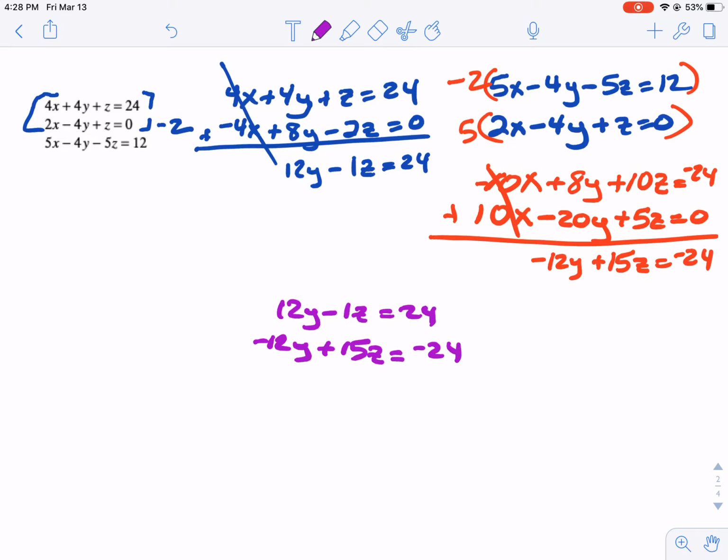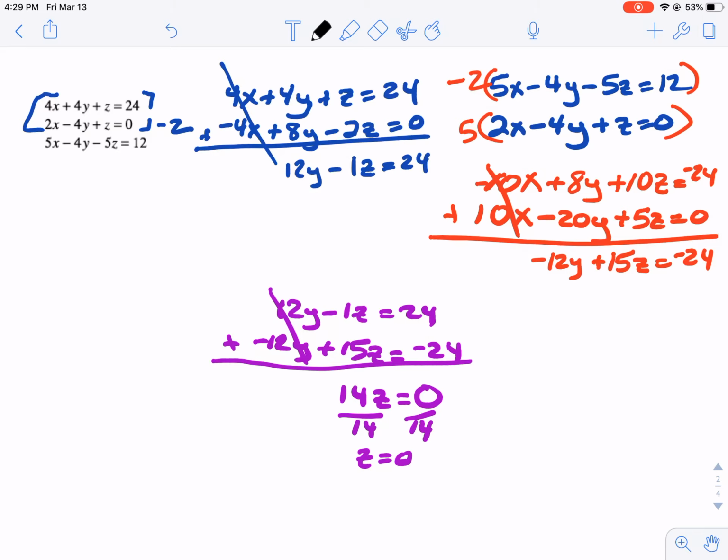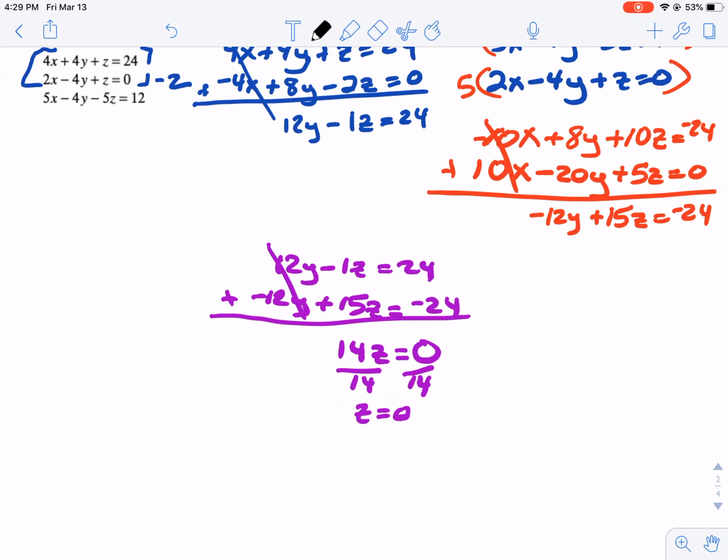And I don't need to do any multiplying. If I add them together right now, my y's are going to cancel. So I have 14z, 24 and negative 24 makes 0. So when I divide, z turns out to be 0. So now that I have the z, I go back to one of my small equations that I got from the first 2 eliminations and plug it in.